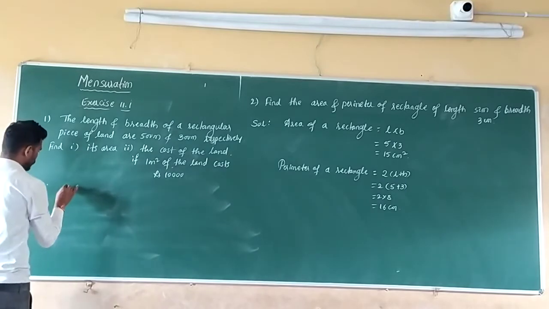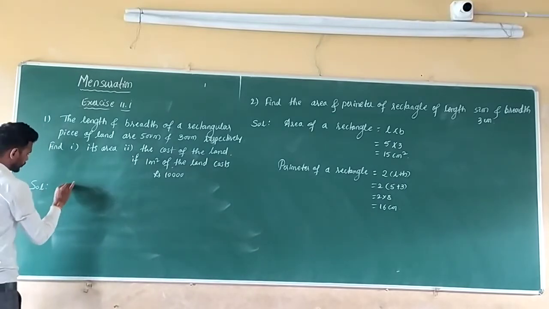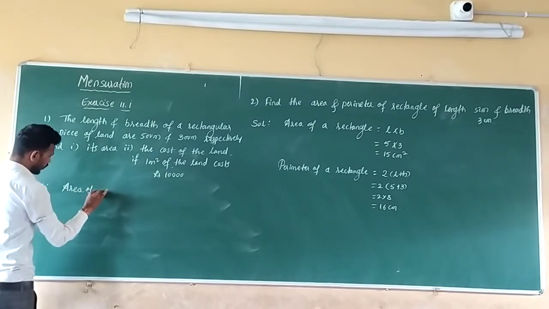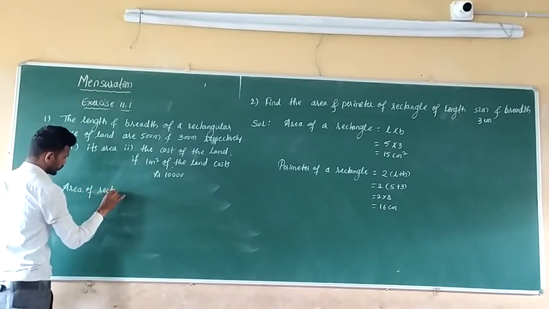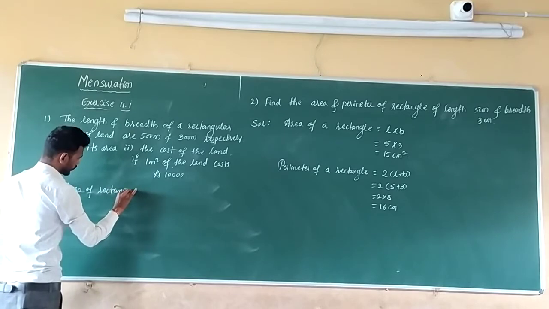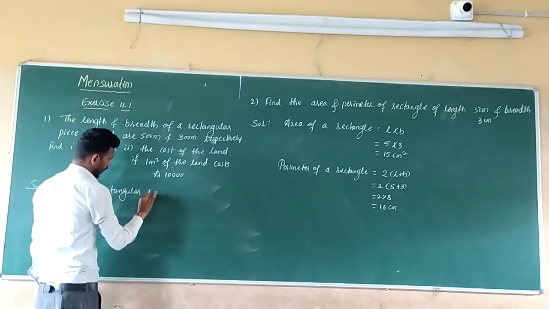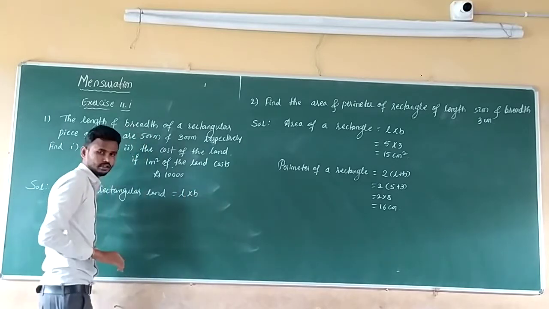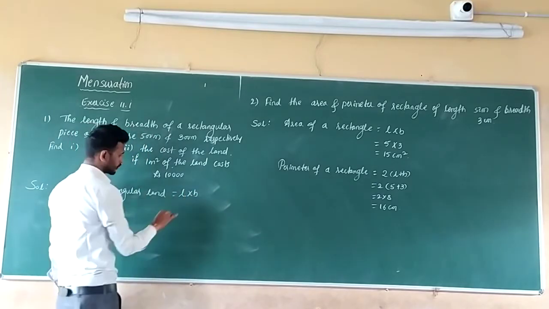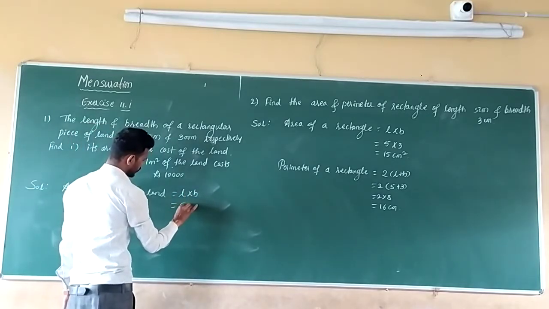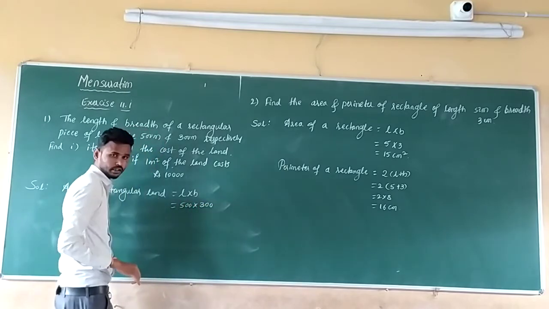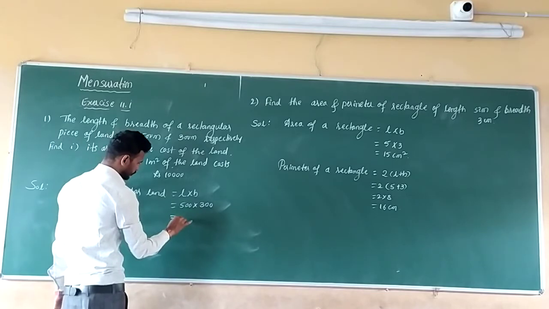So first one, find its area. Area of a rectangular land is equal to, the formula is length into breadth. Length is 500 into breadth is 300. So multiply.